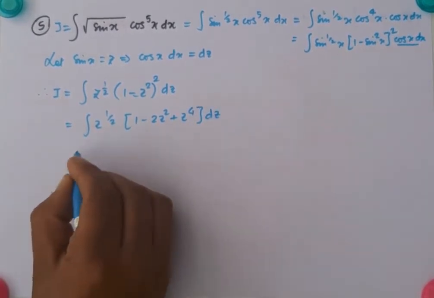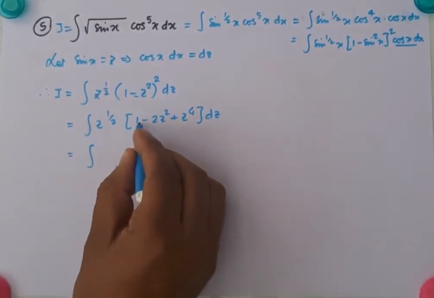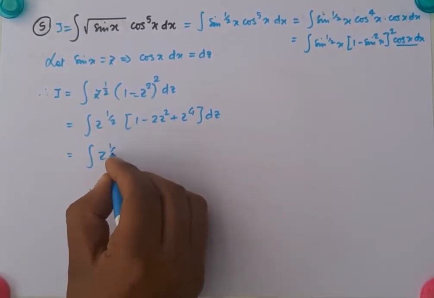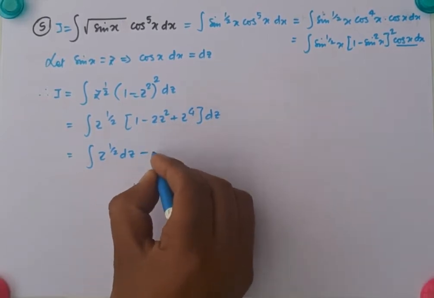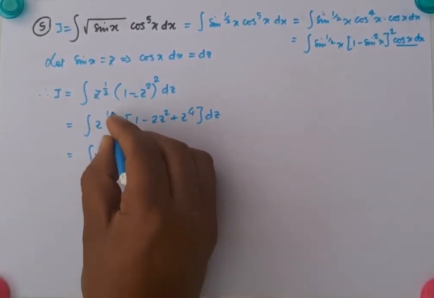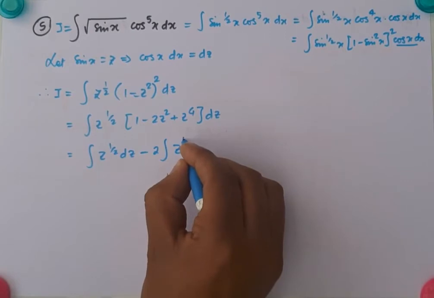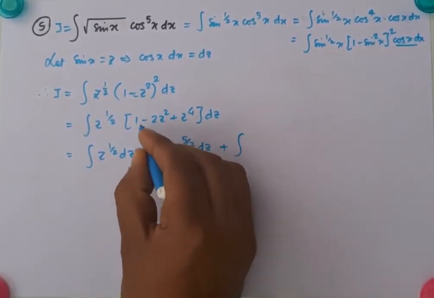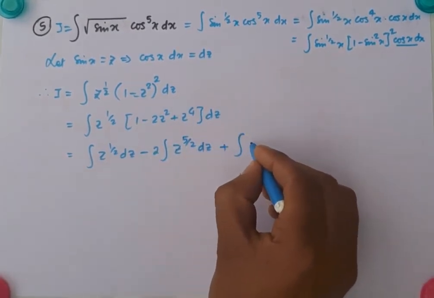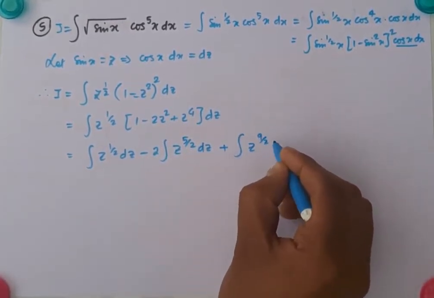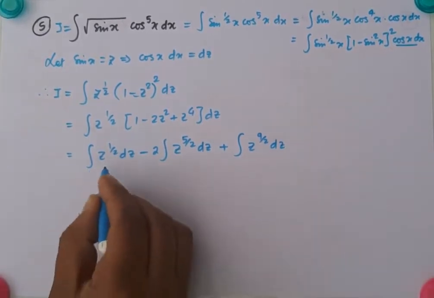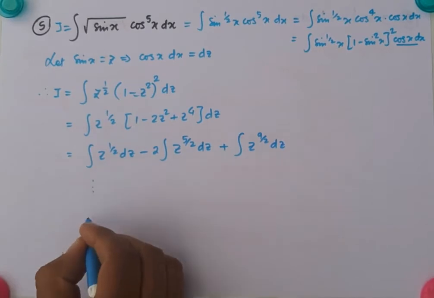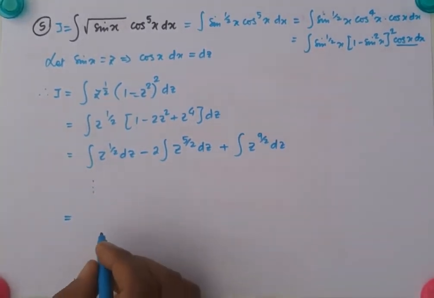Now open up the bracket, so this becomes integral of z to the power half into 1 is z to the power half dz, minus 2 can be kept outside, so z to the power half plus 2 is 5 by 2 dz, plus integral z to the power half plus 4 is z to the power 9 by 2 dz. Now your integral is very easy, isn't it? So do the rest. I'll give you the final answer.